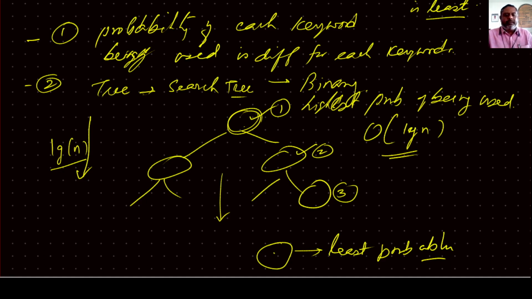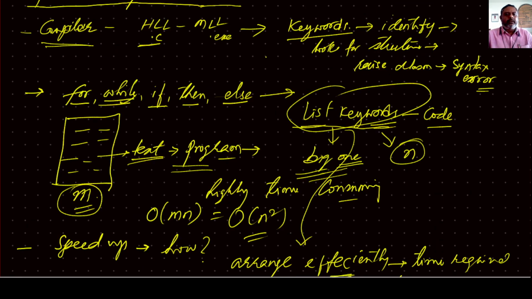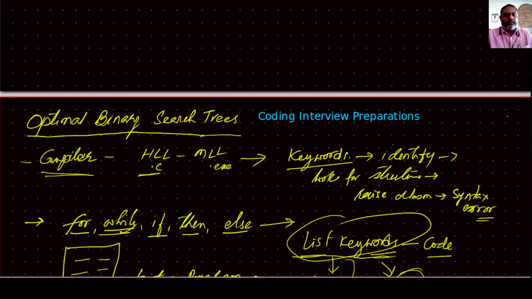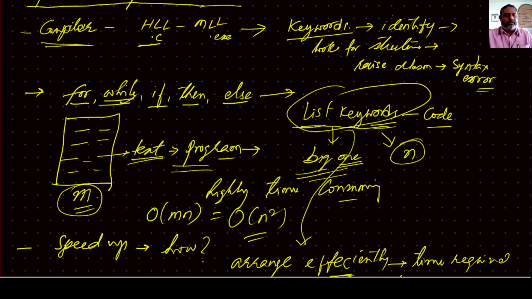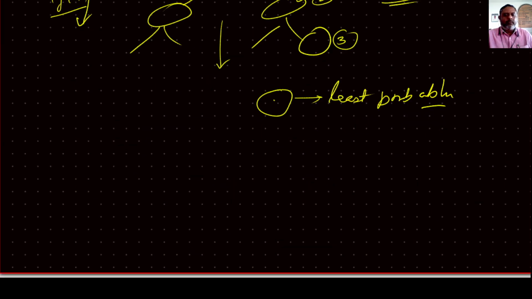That's the main logic behind building this optimal binary search tree. So what we need to do, one, is work with the probabilities of being used for each keyword.